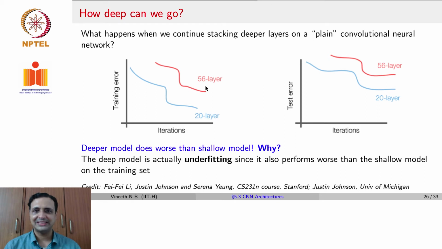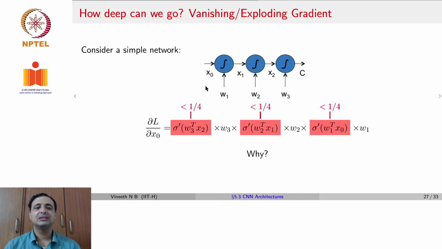What could have been the reason for this to happen as depth of neural network increases? The answer for this lies in what is known as the vanishing gradient problem. The problem complementary to vanishing gradient is known as exploding gradient, but let's talk about each of them one after the other.